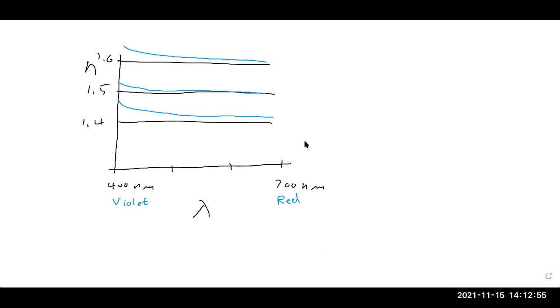So instead of having wavelength equal to speed divided by frequency, you would have wavelength at a given index is our speed divided by our frequency, or the speed of light divided by n times the frequency.